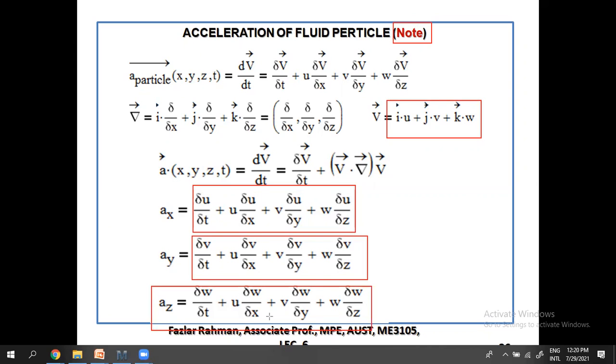Okay, and you see that the acceleration has four terms. This one is the derivative: v into del u by del y, w into del u by del z, but all of them are a function of del u by del t. If it is a steady flow, then what will happen? Del u by del t will be equal to 0.